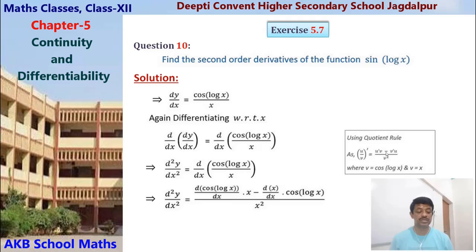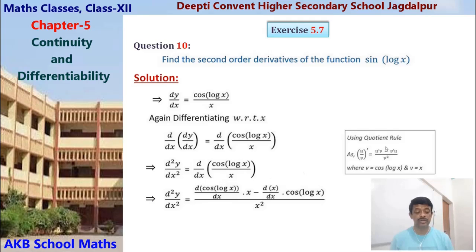Now using this formula, the quotient rule: (u by v)' equals u'v minus v'u upon v square, where v is x and u is cos log x. Clear?